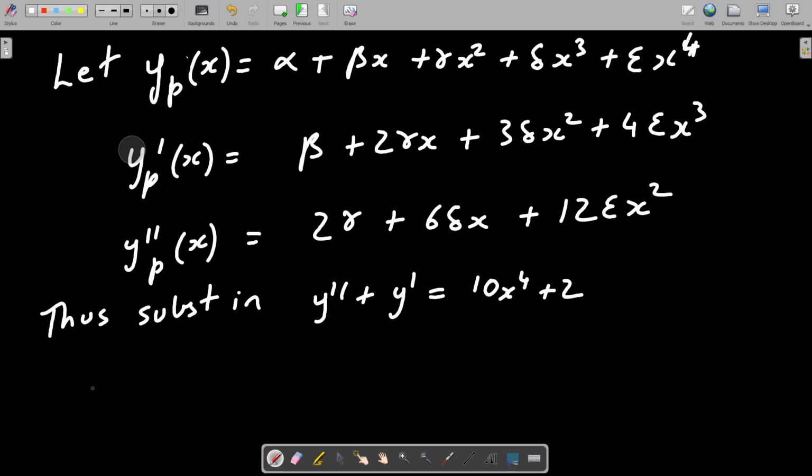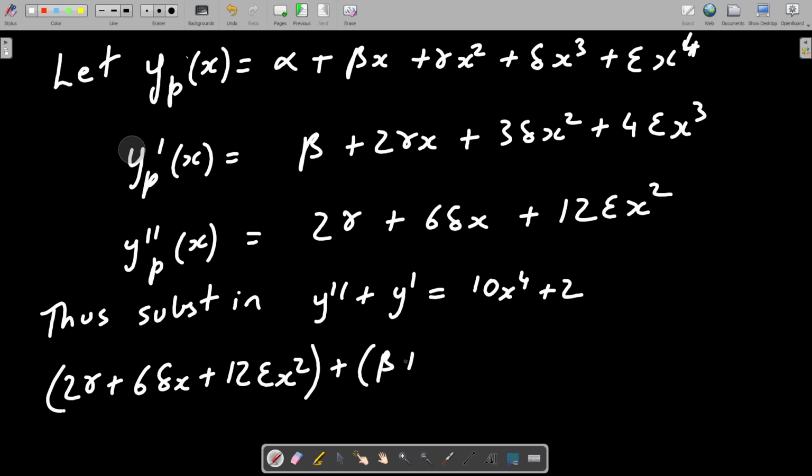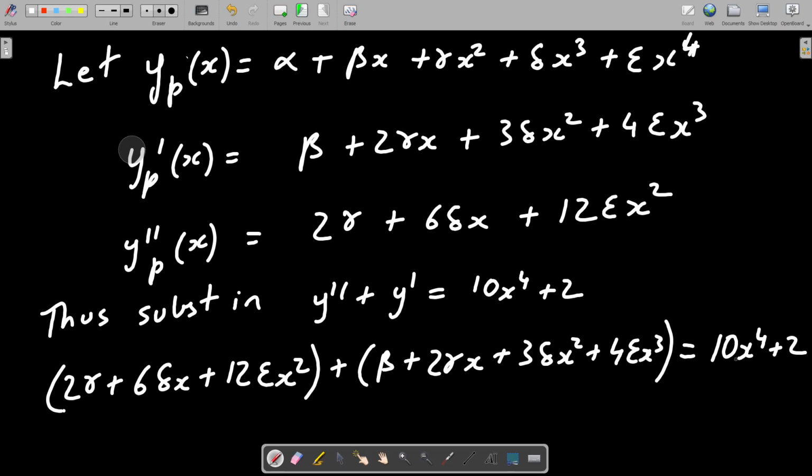This will leave you with 2 gamma plus 6 delta x plus 12 epsilon x square, plus beta plus 2 gamma of x plus 3 delta of x square plus 4 epsilon of x cube. This is equal to 10x raised to 4 plus 2.